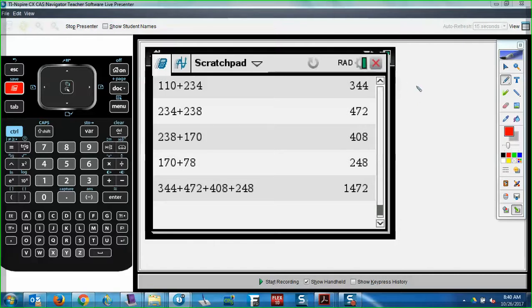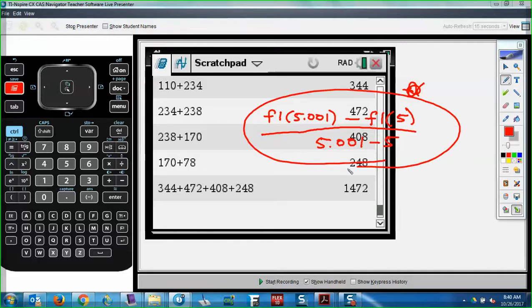But one way you could on the calculator here is you could type in F1 of 5.001 minus F1 of 5 all over 5.001 minus 5. I'd like for you to get the habit of thinking of slope this way, okay, as this difference quotient, all right?